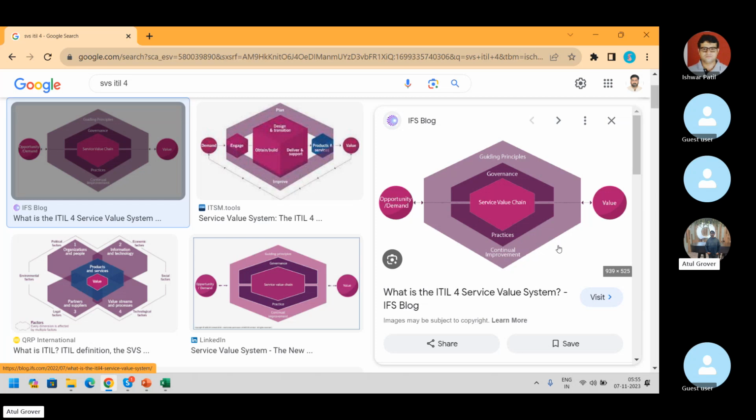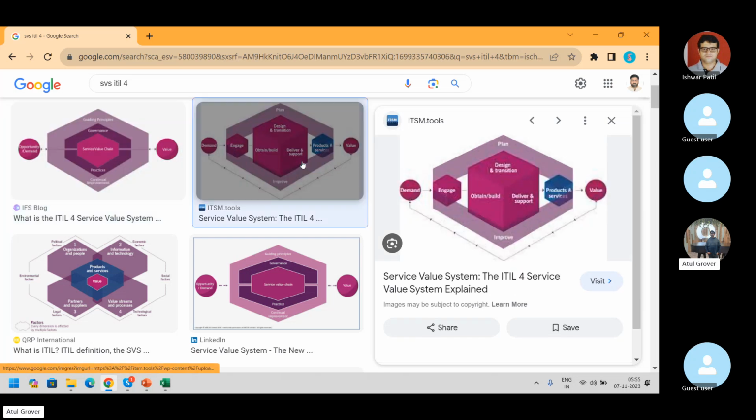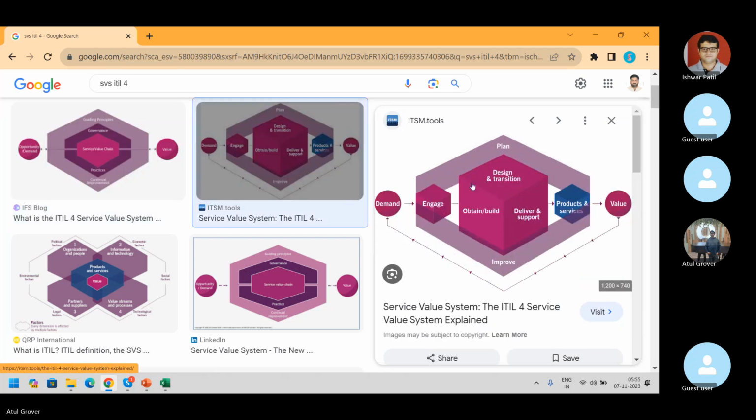How to build, how to develop, how to engage, and how to support or migrate that particular part comes under the SVC, service value chain.